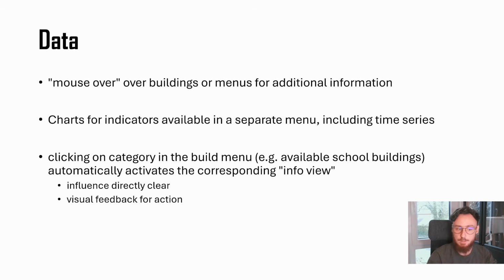You click on elementary school and you immediately know this will influence education. Here's where the other schools are located. And it gives you a graph like availability of elementary education places, like X amount of kids. So the influence is directly clear, and we have immediate visual feedback so that we can choose a good action.